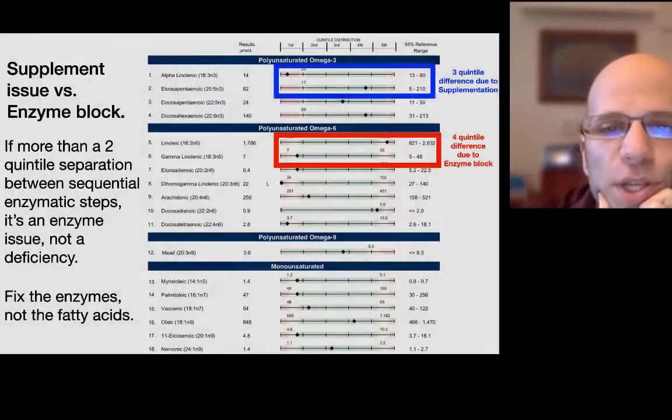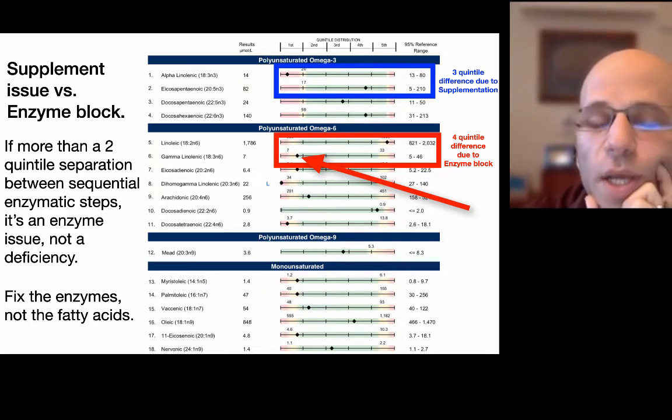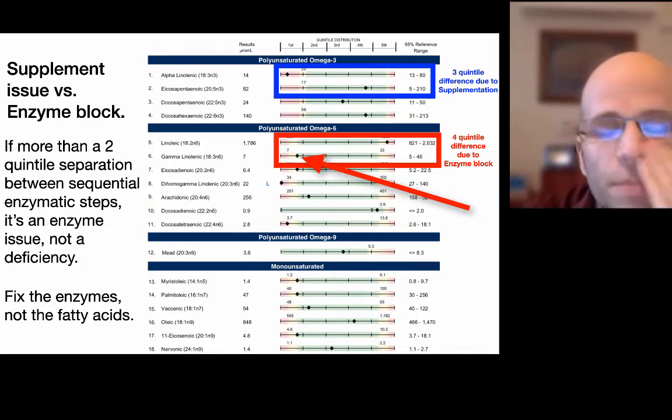If people see this and they think, oh, I'm low in GLA, I should supplement with GLA, that's incorrect. If you have over a 2 quintile difference between one sequential enzymatic step, that's an enzyme block, not a fatty acid deficiency.